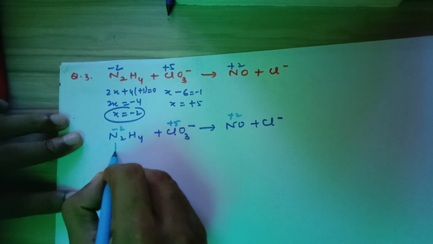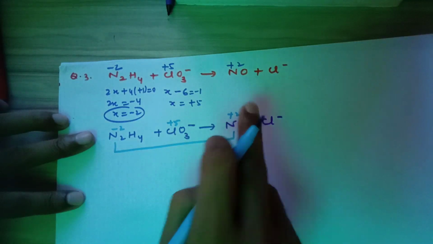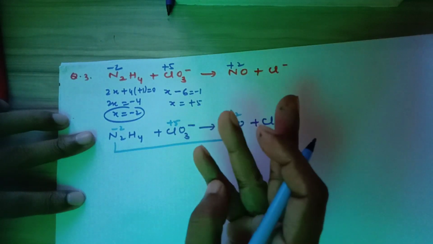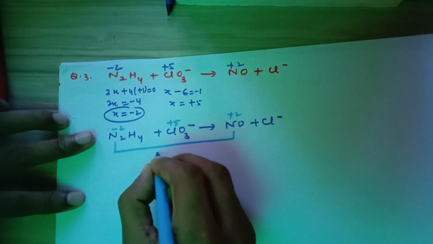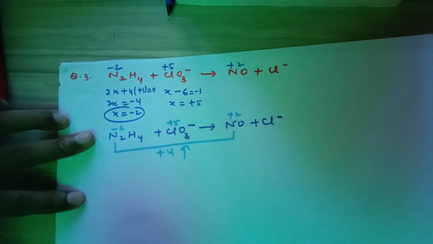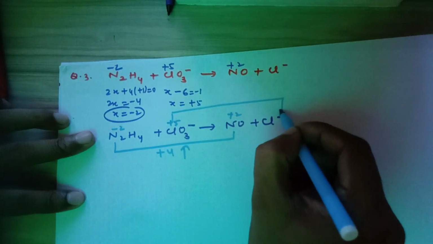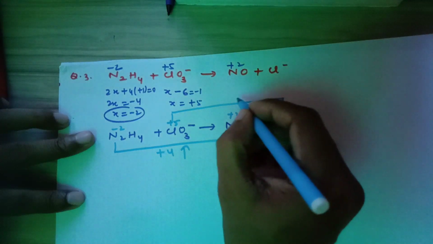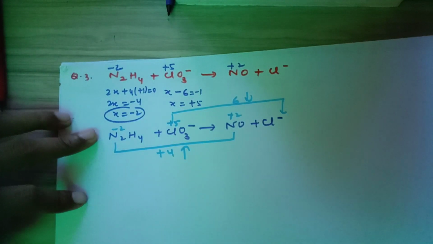So here N2 is moving to plus 2, so minus 2 to plus 2. So total change is minus 2, minus 1, 0, 1, 2. So there is a change of 4, and that is an increase in oxidation state. Here plus 5 is moving to minus 1. So total change is of 6, and that is a decrease in oxidation number.